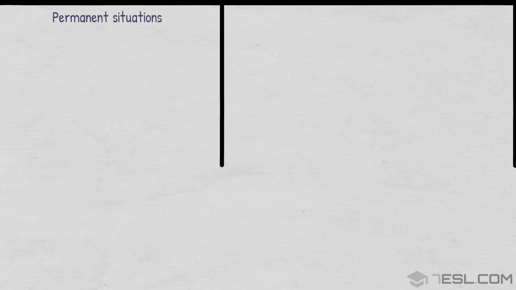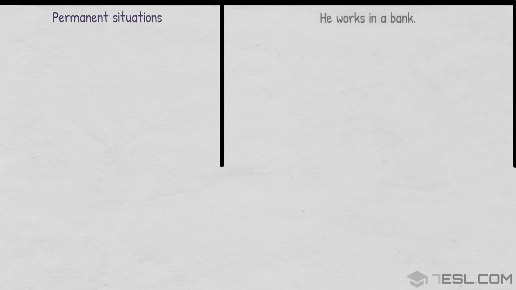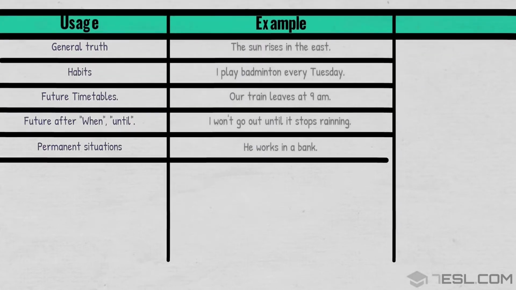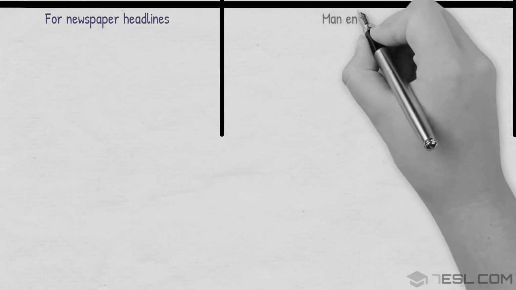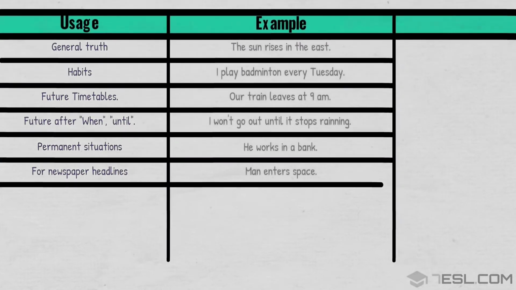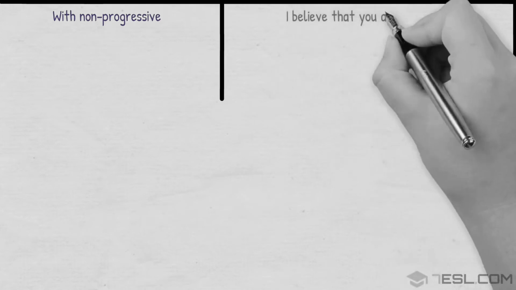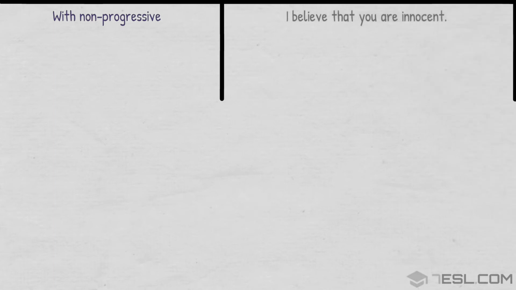Permanent situations. He works in a bank. For newspaper headlines. Man enters space. With non-progressive. I believe that you are innocent.